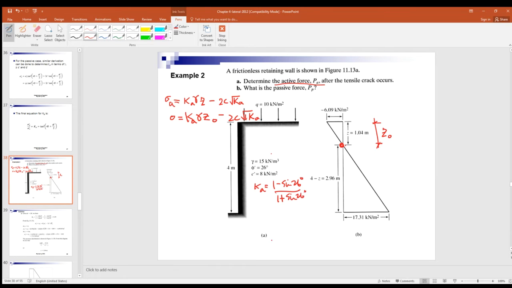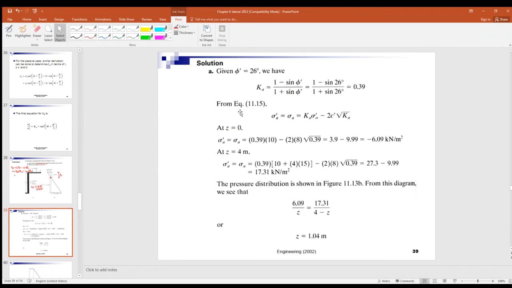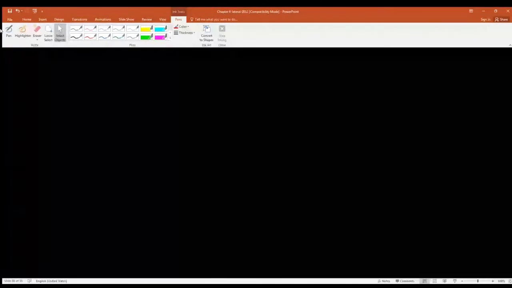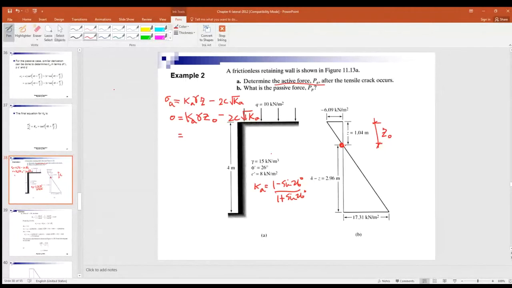So you got your Ka. Ka is equal to 0.39, okay?